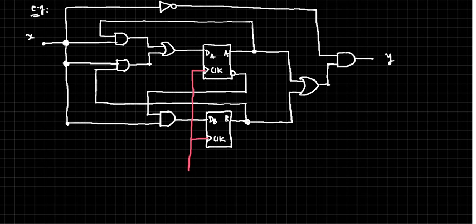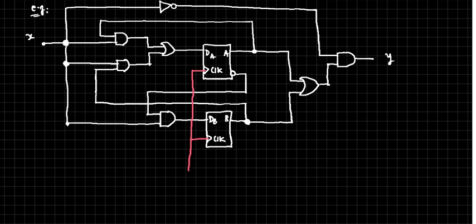Such kind of sequential circuits are called finite state machines, or FSMs. In the case where the input is also involved in the output, it's called a Mealy FSM, M-E-A-L-Y. That's what scientists named it.